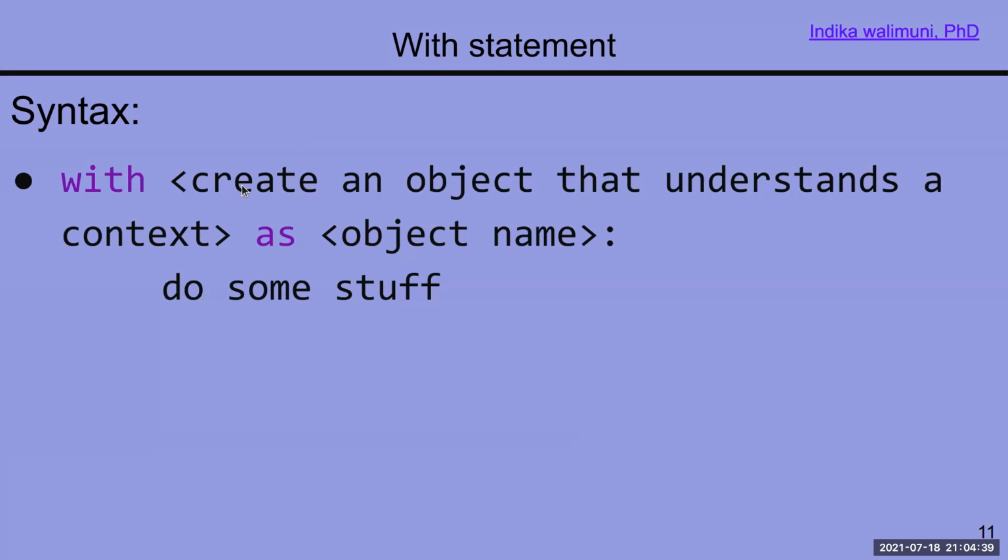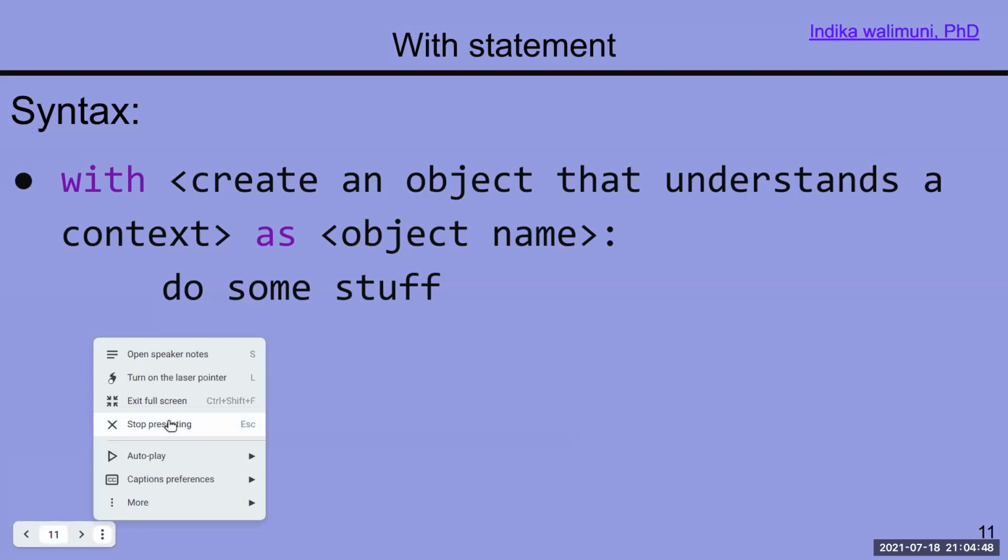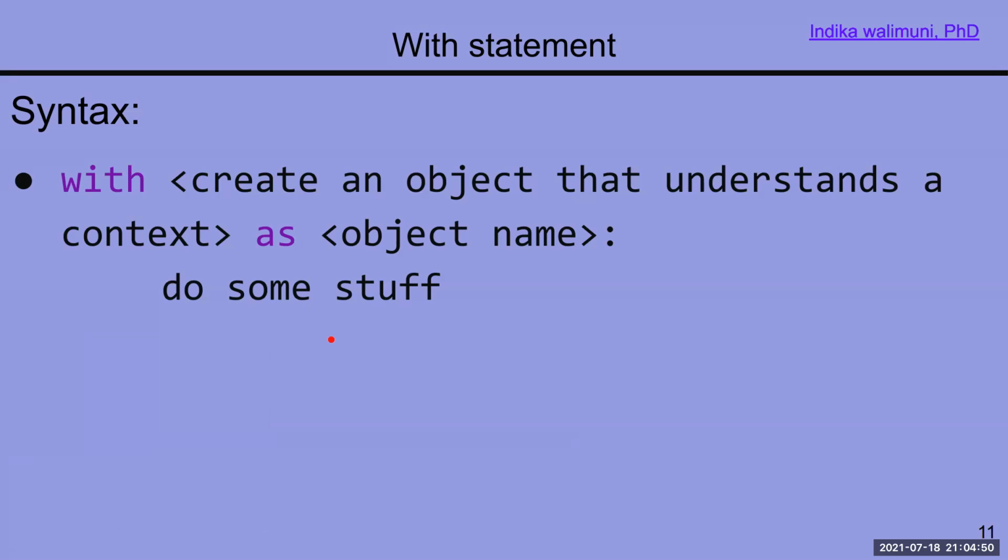So this is really vague, and you will struggle to understand what this is about. But basically, we start the statement with the reserved word with, and we create an object that understands this context of usage of with.